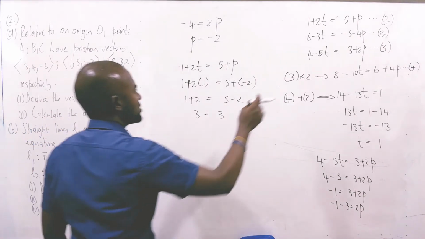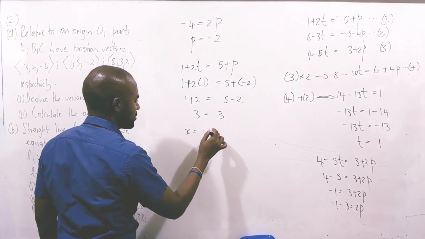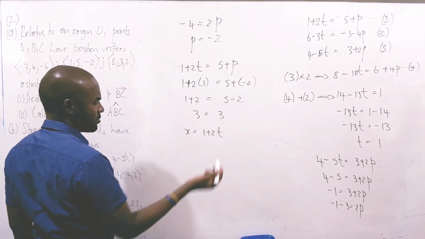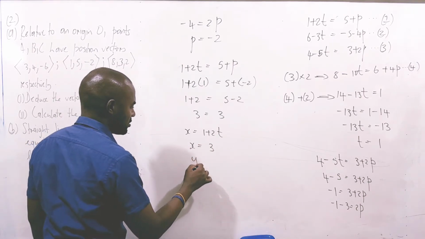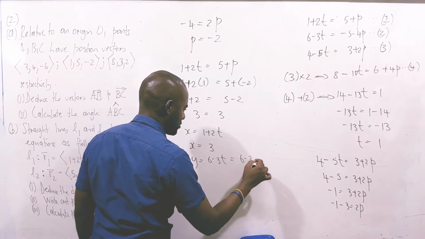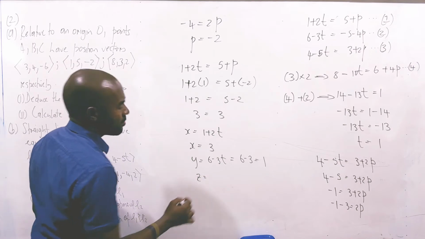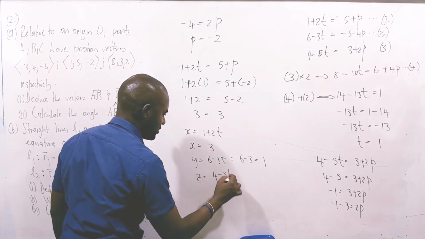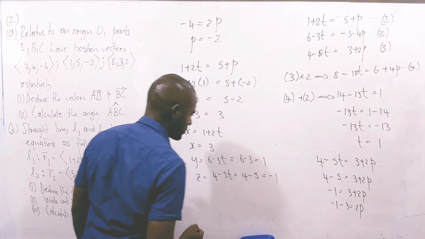So let's use the parametric equations for line 1. So we get x is equal to 1 plus 2t, which of course is equal to 3. So x is equal to 3. Y is equal to 6 minus 3t, which is equal to 6 minus 3, which is equal to 3. And z is equal to 4 minus 5t, which is equal to 4 minus 5, which is equal to minus 1.